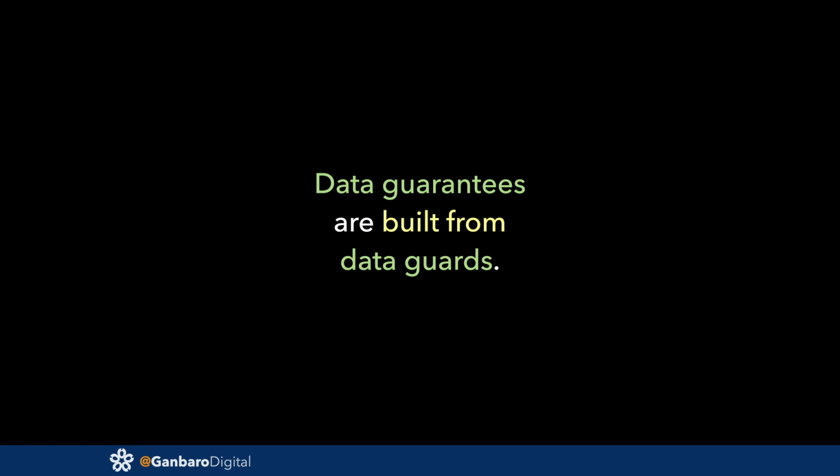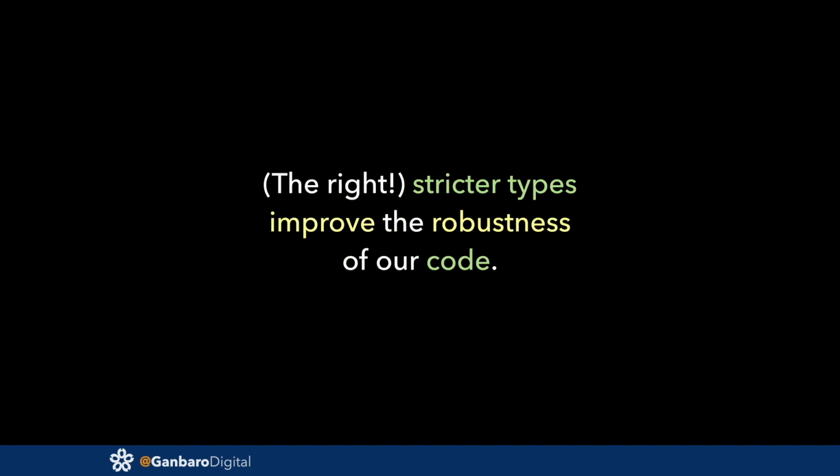And that way we don't have to create lots of extra unit tests in order to check our data. And what this is leading to is stricter data types that improve the robustness of our code, but only if we get the right amount of strictness.